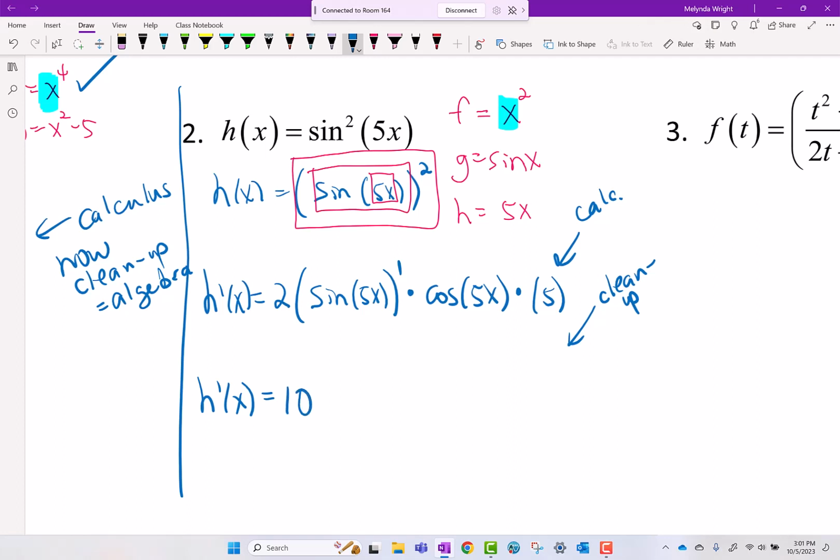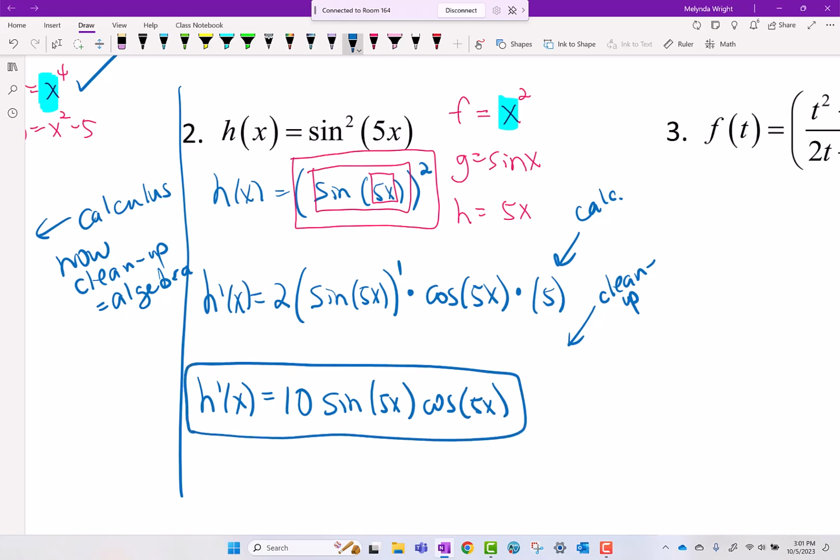Then we've got sine of 5x, cosine of 5x, and we're just going to leave that. I mean, that's it. I hope you can see that if I miss a layer, my derivative is going to be wrong. Are you with me? If I miss a layer, my derivative is going to be wrong. We have to be very careful that we get all of the layers.